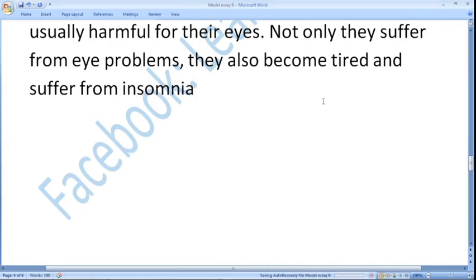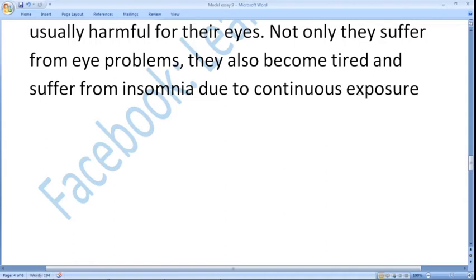They also become tired and suffer from insomnia due to continuous exposure to harmful rays, to harmful computer rays.